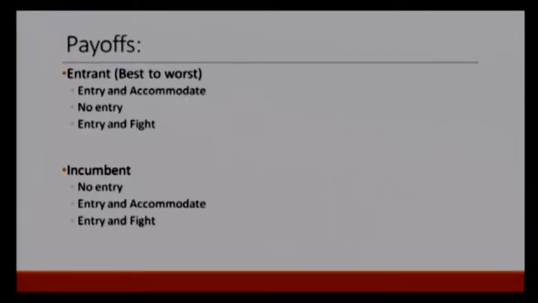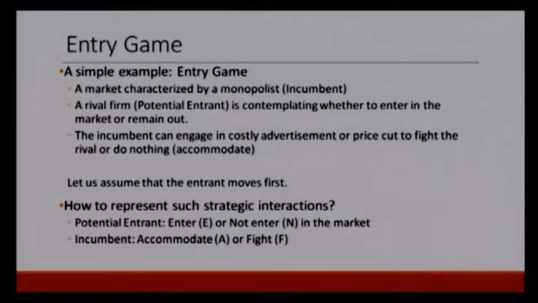Second best option for the entrant is that the entrant does not enter the market. And third is that the entrant enters and the incumbent fights, because fighting would be costly for both of the firms. Notice one more thing, that if the entrant decides not to enter the market, then the game would end, because in that case the incumbent does not need to take any decision whether to accommodate or fight.